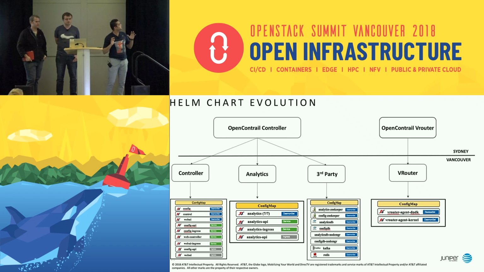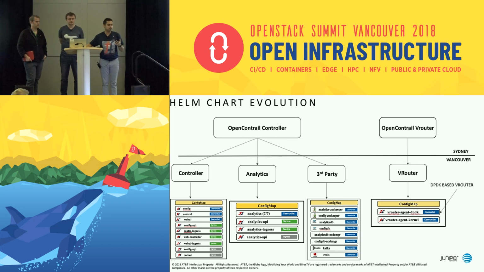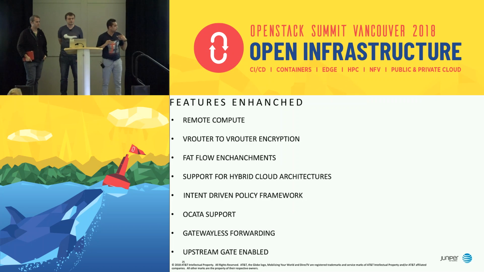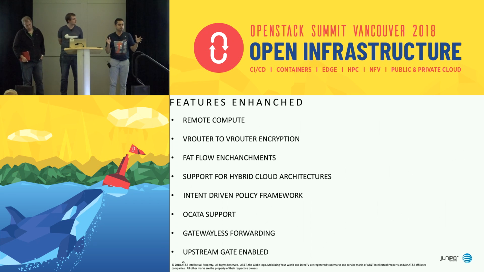Now, as we have evolved the project, the architecture, and the charts, what does it mean from the functionality perspective that Tungsten Fabric brings to the table? As the community evolved, the current code base supports some very key features that can be used across different platforms.